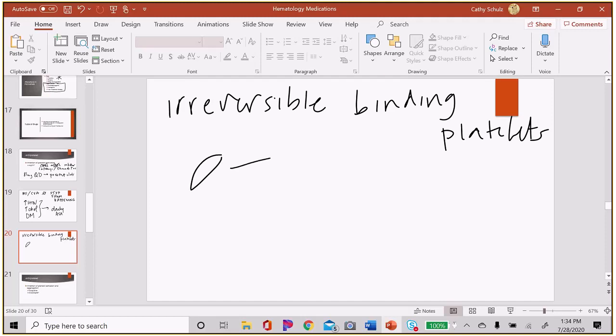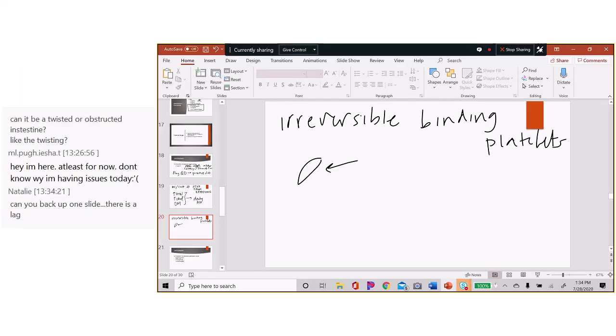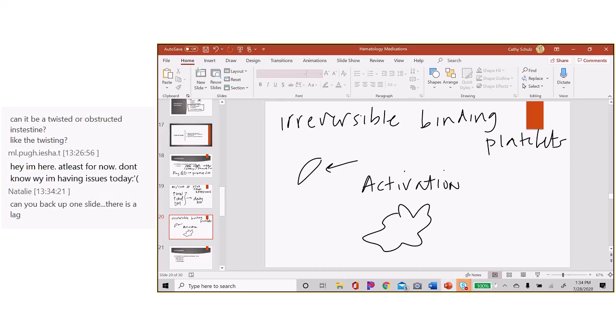If this platelet sees that there's some kind of tissue defect or something that might be a problem, the platelet will activate. And activation just means that the platelet gets sticky and it changes its shape a little bit. It has more surface area and it's more sticky, and that's how it can bind to other platelets.